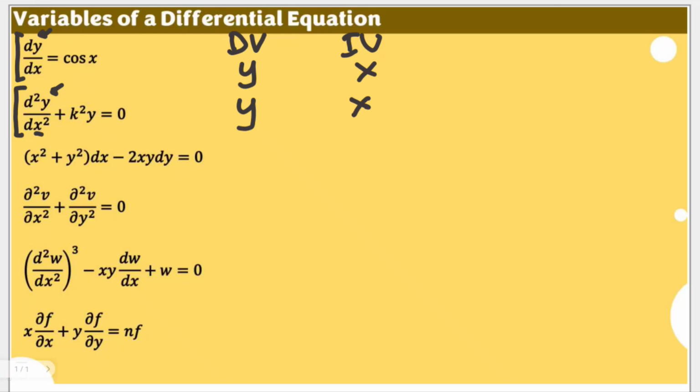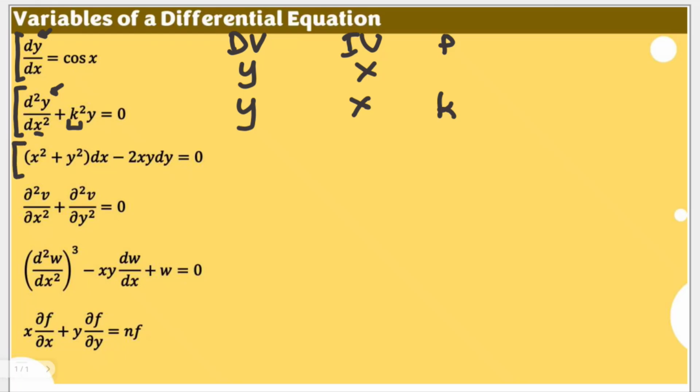But take note that in our equation there exists a certain variable k, specifically k squared. This is what you can consider as your parameter, so we are going to label this parameter as our k. This k could take other values, specifically constants. Okay, let's proceed to our third one.